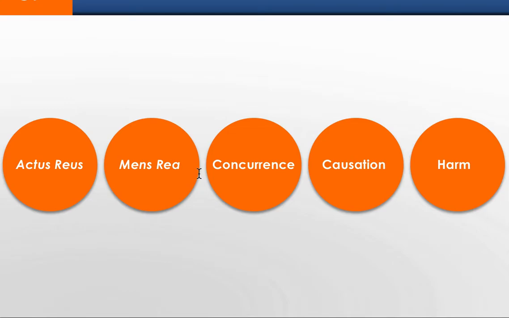It is a core requirement of the crime that there was an act, an evil act committed, a bad act, right? Some sort of requirement that the act was in itself a bad act.